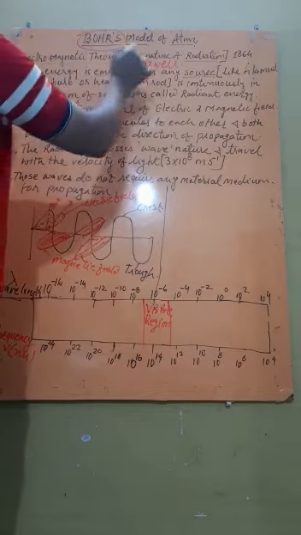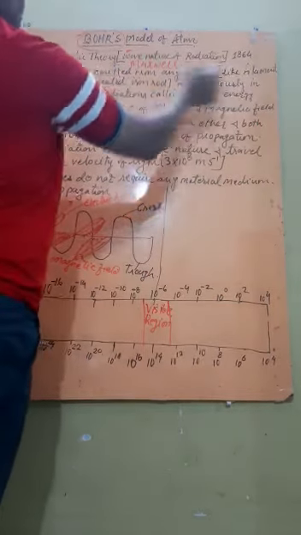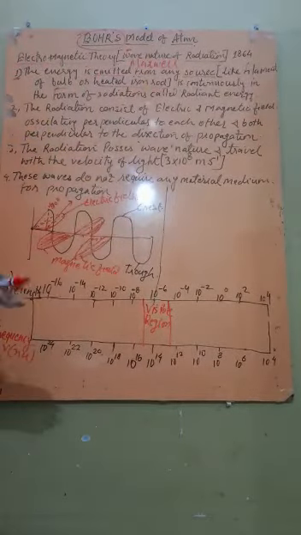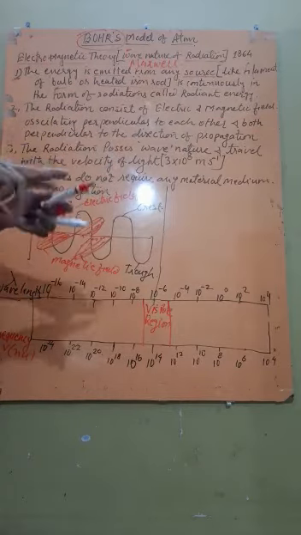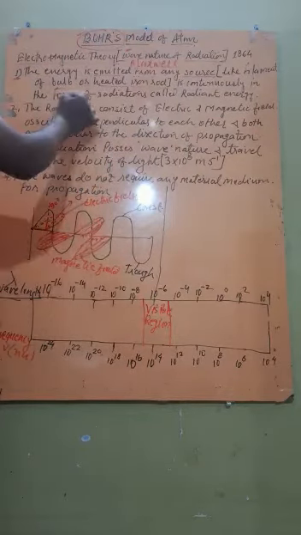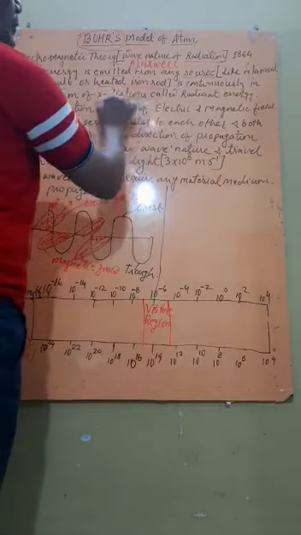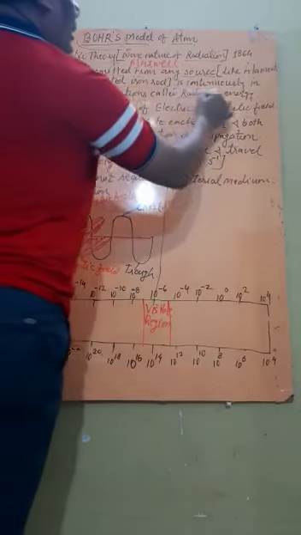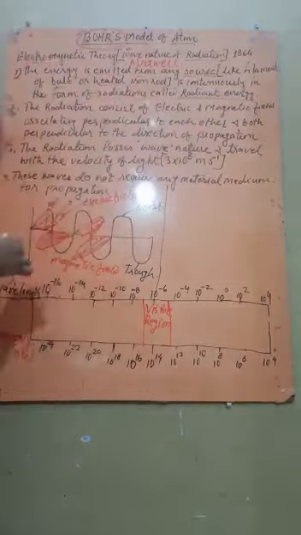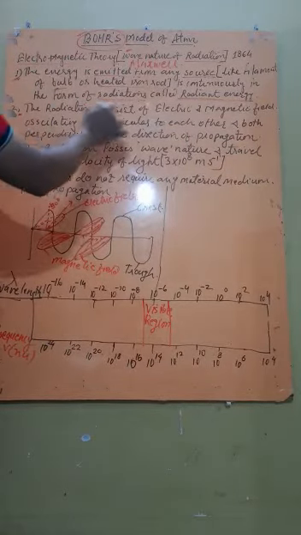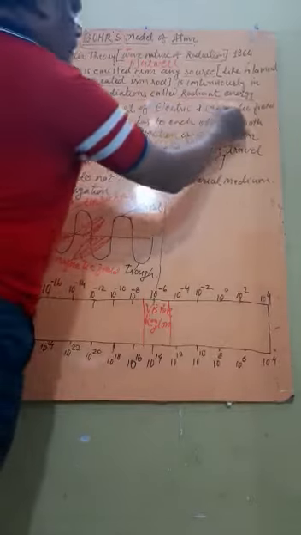The energy emitted from any source like the filament of a bulb or a heated iron rod is continuous. They are not releasing it dropwise, but what are they releasing? Continuously in the form of radiations. And these radiations are called what? Radiant energy.